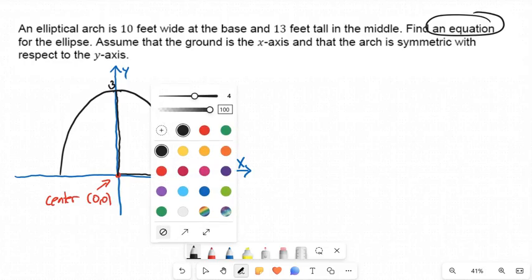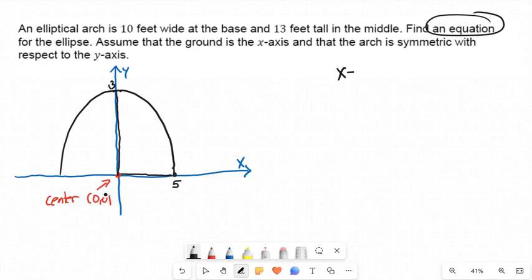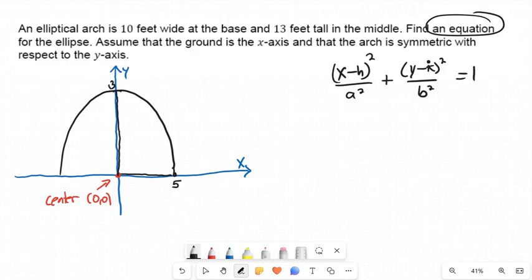We look up the equation standard form. We see x minus h squared over a squared plus y minus k squared over b squared equals 1. And whether that's a squared or b squared, those don't really matter. What matters is that the correct number is underneath the appropriate variable.